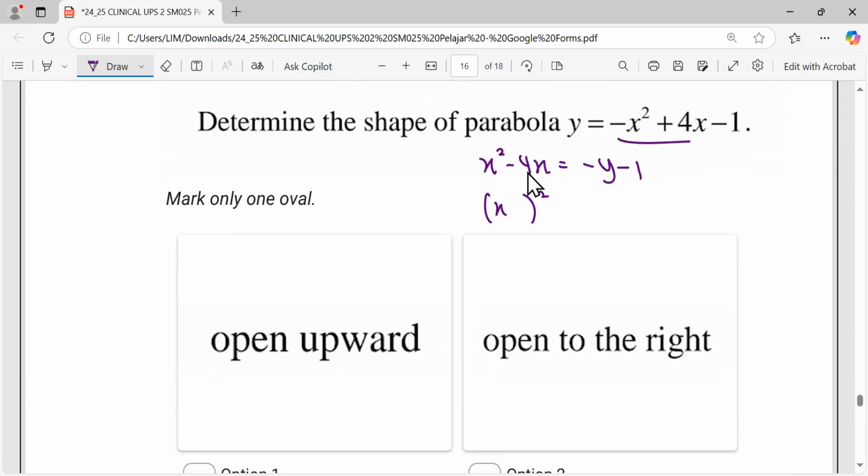The value of b in completing the square is divided by 2, negative 2, and we subtract back the value in the bracket, negative 2 squared, minus y minus 1. So x minus 2 squared, this one minus 4 plus 4. Negative 1 plus 4 will give you positive 3. So lastly, we factor out our coefficient from the y, which is negative.